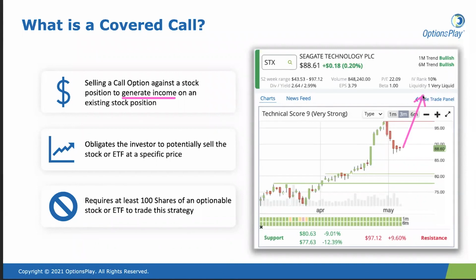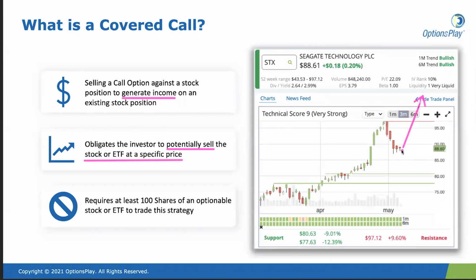That's truly the reason you own a stock in your portfolio. So what we're going to show you is how selling a covered call allows you to potentially sell your stock or ETF at a specific price, because ultimately we own our stocks because we want to sell them later at a higher price and make a profit. That's why we own those stocks.